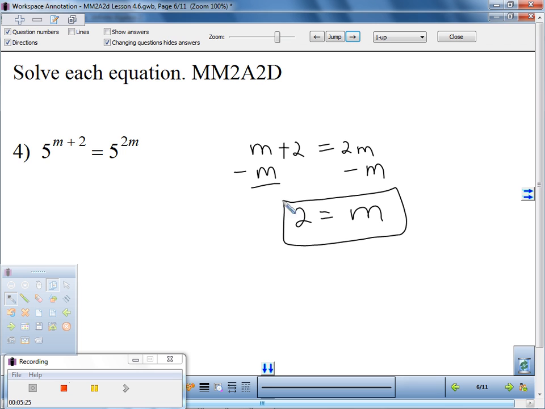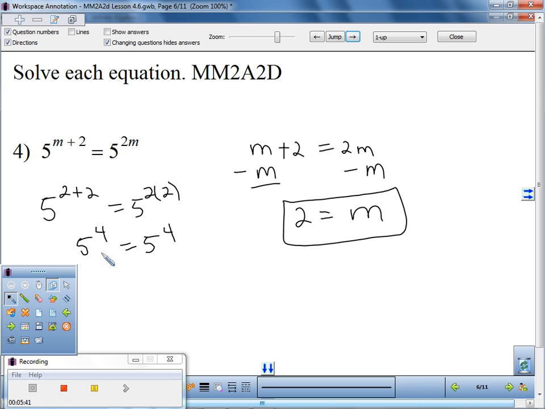If we wanted to check it, we could put in 2 for m, and we should end up with the same thing on both sides: 5 to the 4th is equal to 5 to the 4th. We could take it to the 4th power, but we don't need to. We see that these are equal to each other.